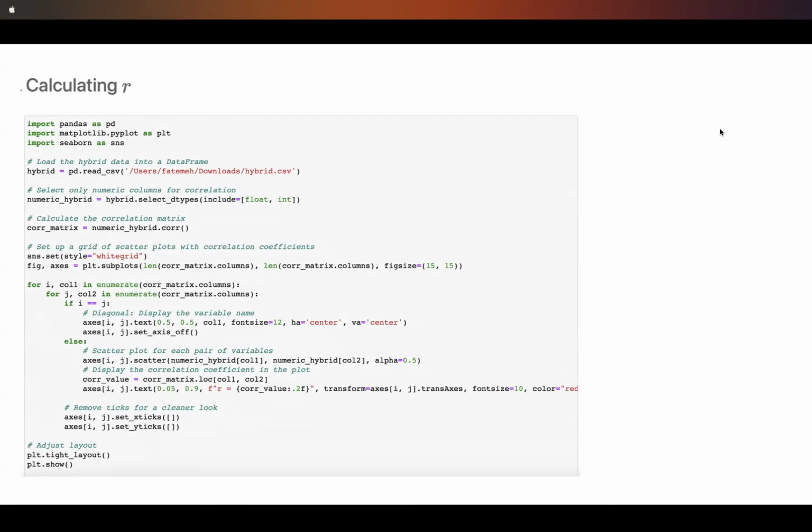These are the rest of the codes. Please make sure to run them in your Jupyter notebook or Google Colab, whichever IDEs you're using.